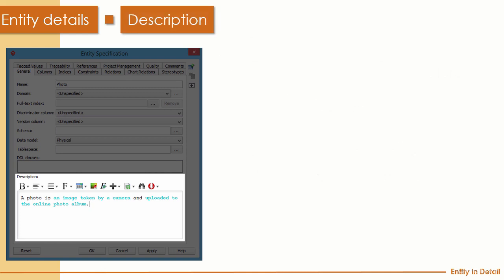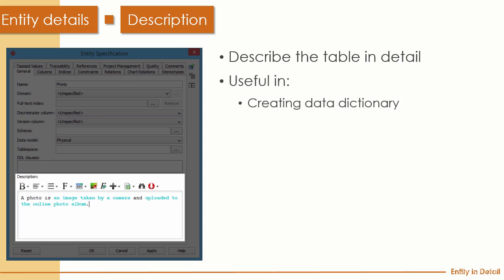And finally, the description. If you have attended our official program essential training course, you know what the description is. The description is used to describe the table in detail in textual form. The description text you write here will be used in generating the data dictionary.